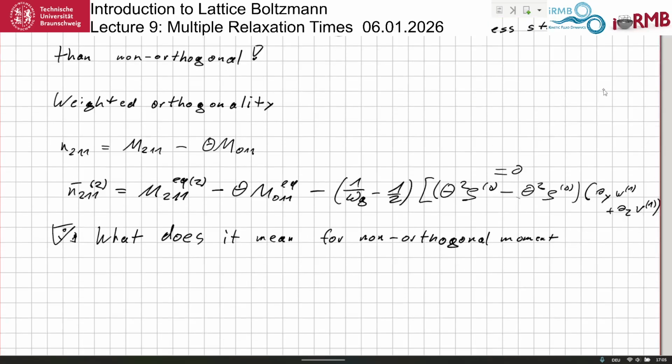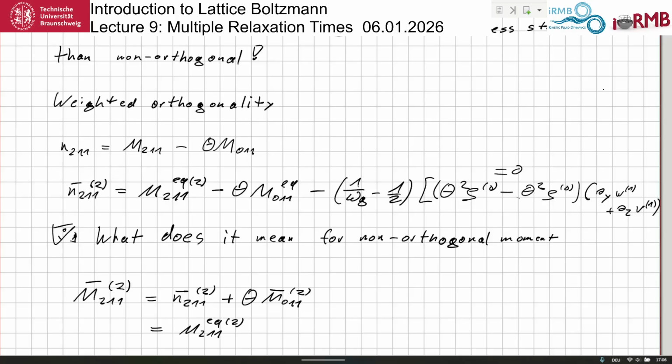So let's do this. This guy here is nothing else than n to 1 to second order plus, because here it was minus, right? Plus theta m011 to second order. And this is m211 equilibrium.